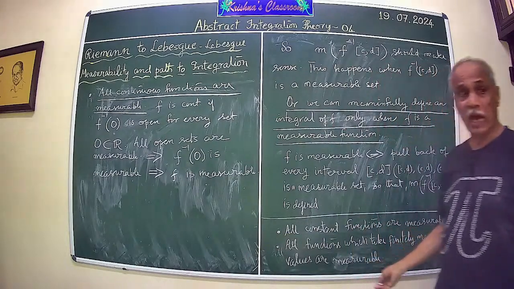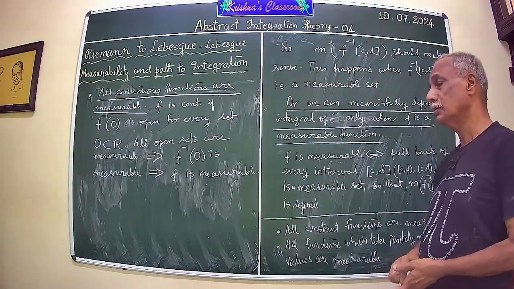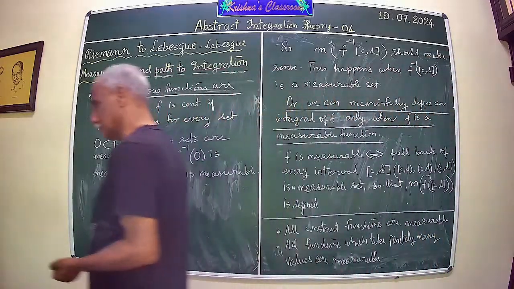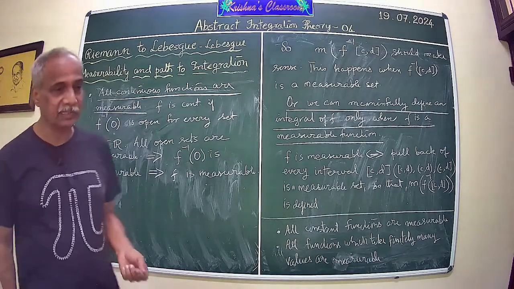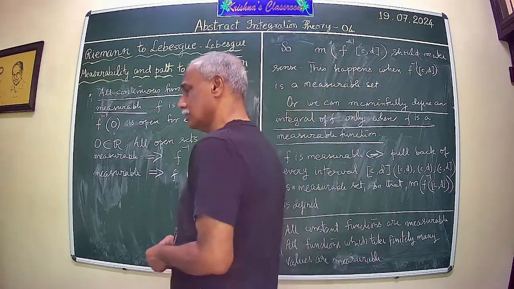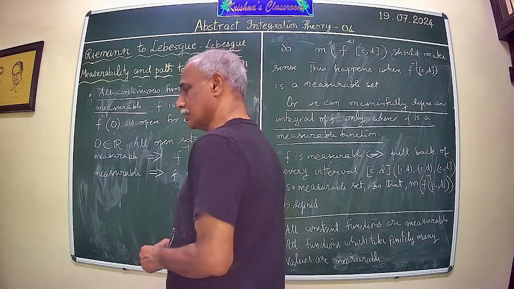So you have a large class of functions now which are measurable. Already the class is large. Okay. Even if they have some discontinuities, they also will be measurable. In fact, you can show that all Riemann integrable functions are measurable.